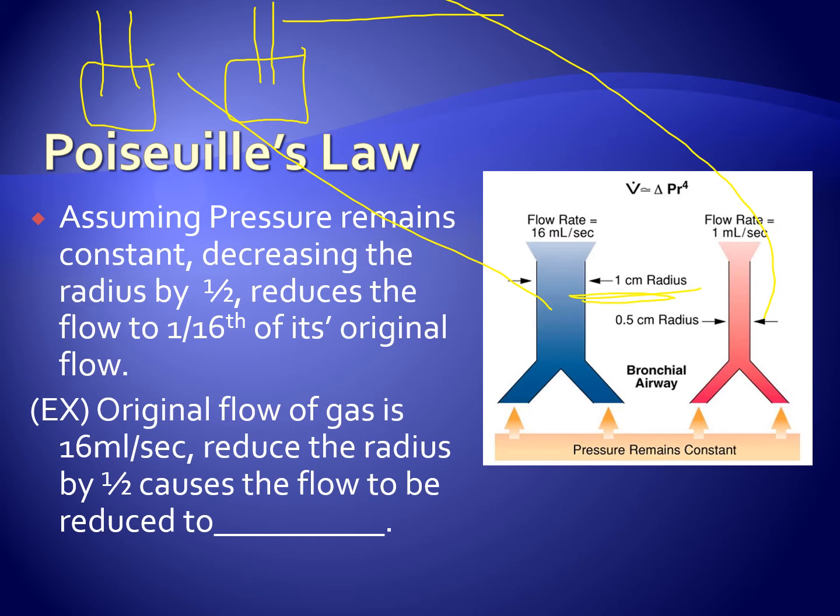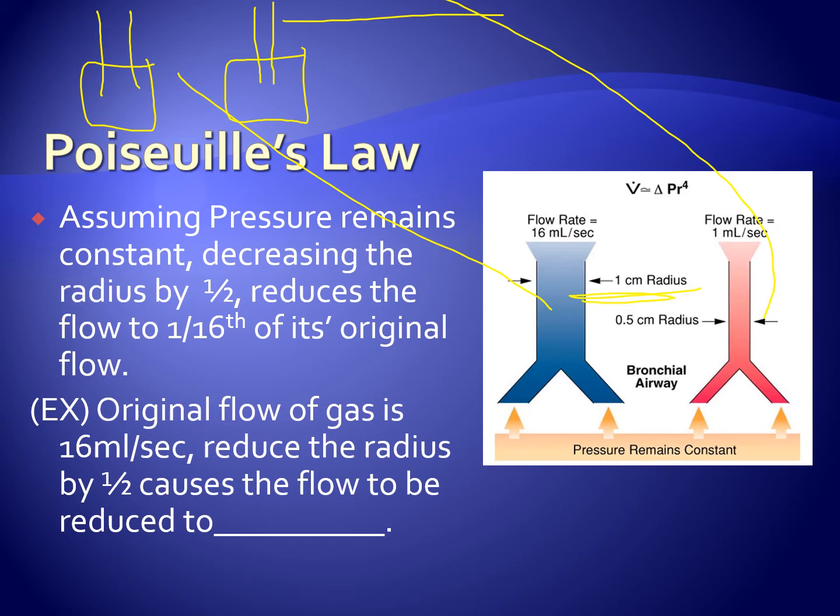So what happens if I'm using my same suction pressure to how much of that milkshake goes into my mouth? As I get the radius reduced, I'm not going to get near as much of that milkshake in my mouth.